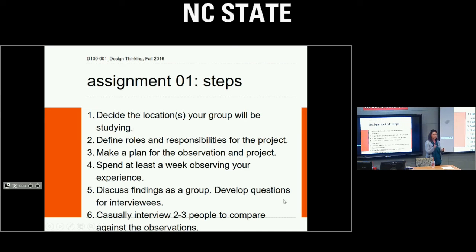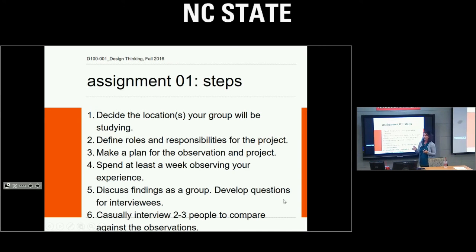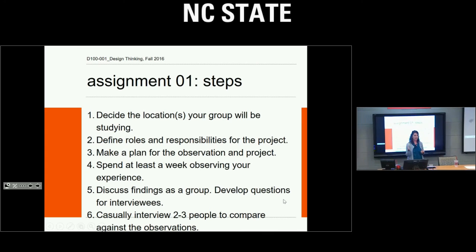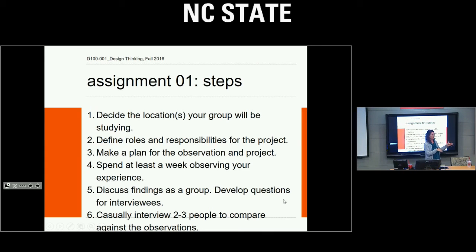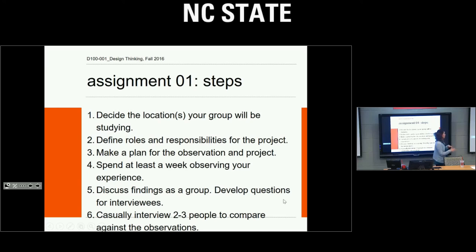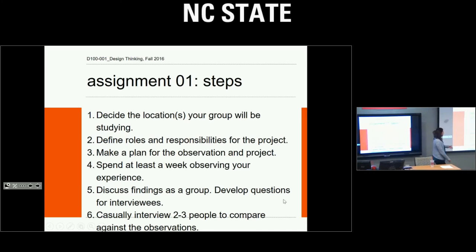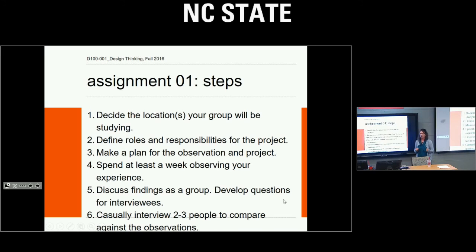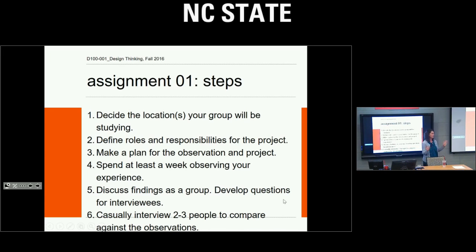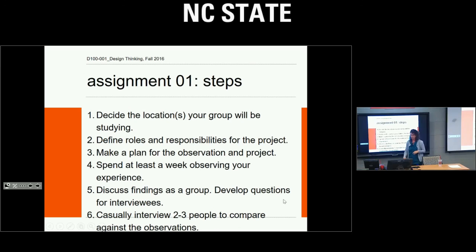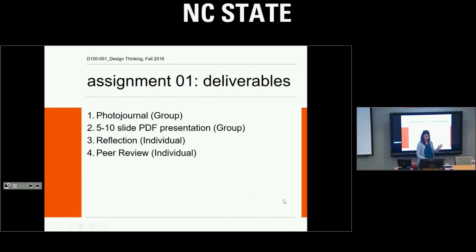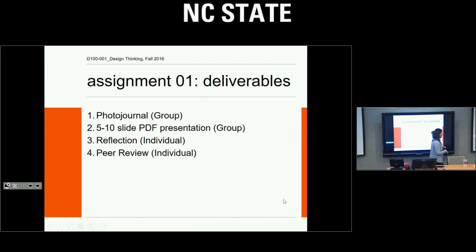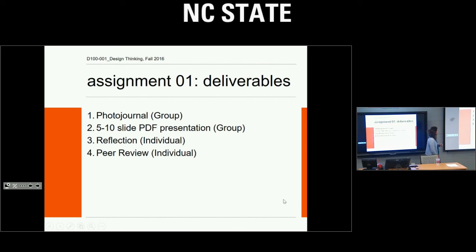What you're trying to do is just compare what it is that people are saying with what it is that they are maybe doing. All of these casual interviews are just anonymous, so don't use anybody's name in anything like that. Don't take their picture. You're just going to include it in your project anecdotally.